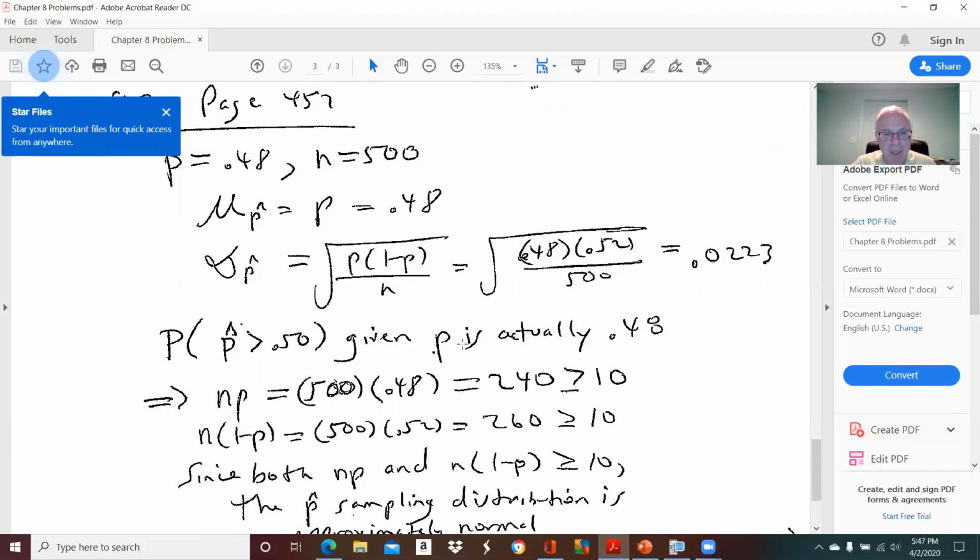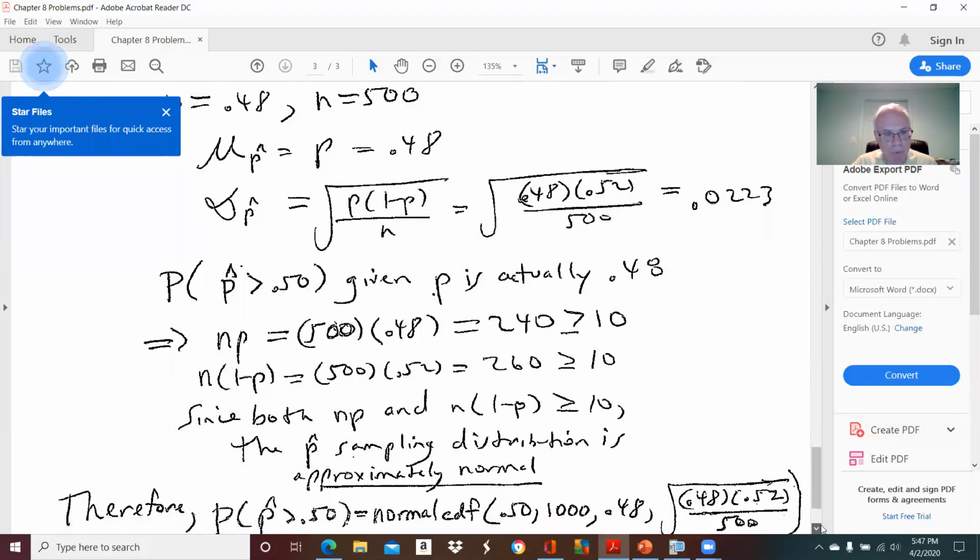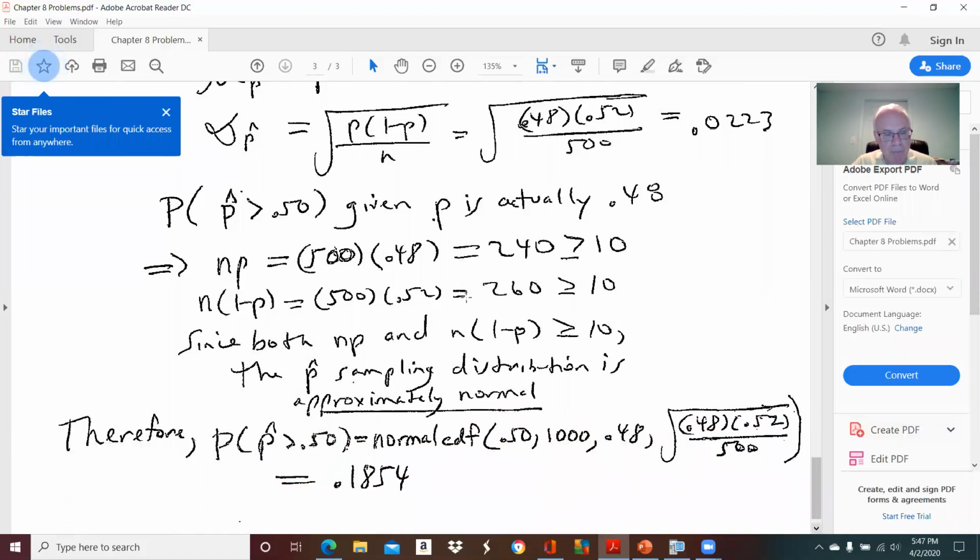All right. But first of all, we have to verify that we can use an approximately normal distribution for the sampling distribution, which we always want to do. So we use n times p and n times 1 minus p once again. We use 0.48 as our population proportion and multiply by n, which is 500.